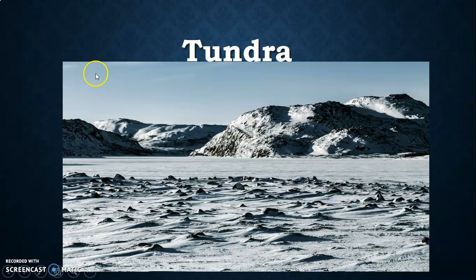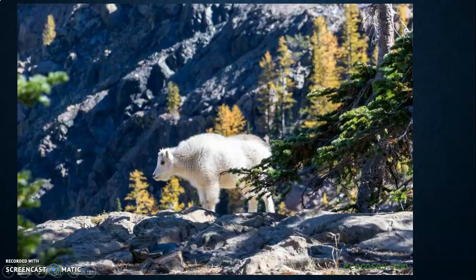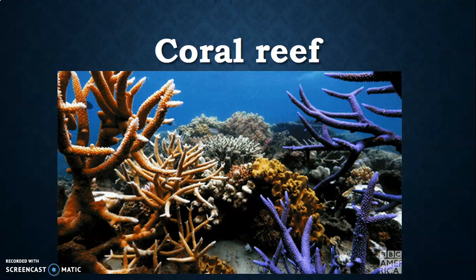Tundra is another kind of ecosystem, covered with ice. All the mountains are covered with ice. Other kinds of animals can survive in the tundra because it's super cold, super frío. It's freezing all the time.